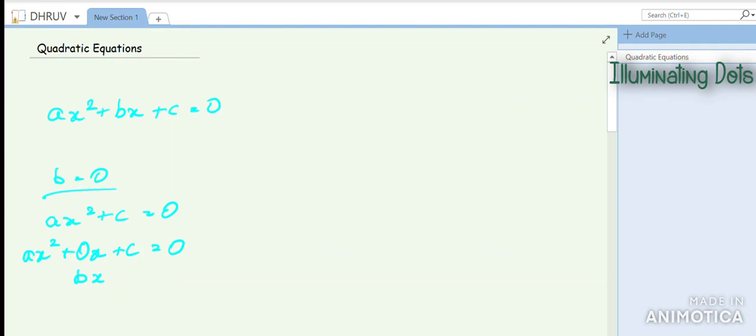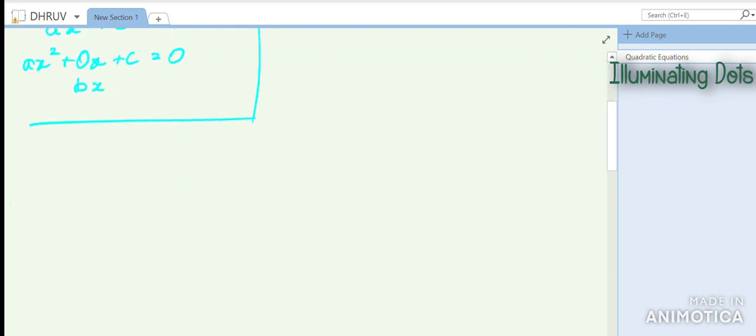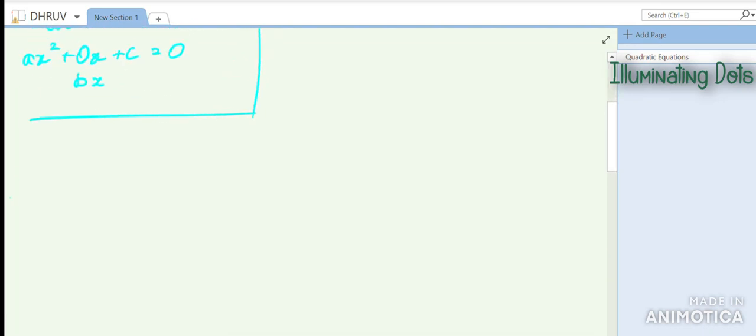But if there is an example like, suppose the example is 3x square minus 9 is equals to 0. So for this type of question, you can also write as 3x square plus 0x minus 9 is equals to 0.